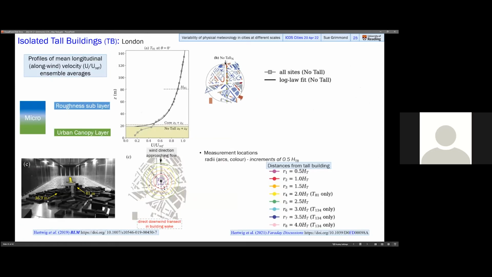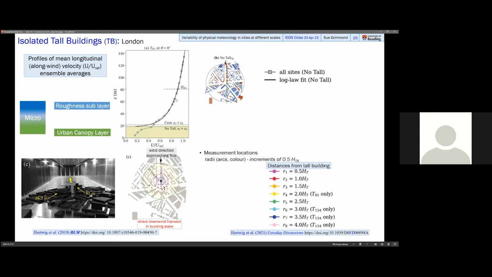First, we want to explore what happens if there are no tall buildings present. The dots here show where observations were taken. The black line is the log law, and the grey squares are the observations. Once we go high above the surface, without any of the tall buildings present, we're starting to fit the log law well.